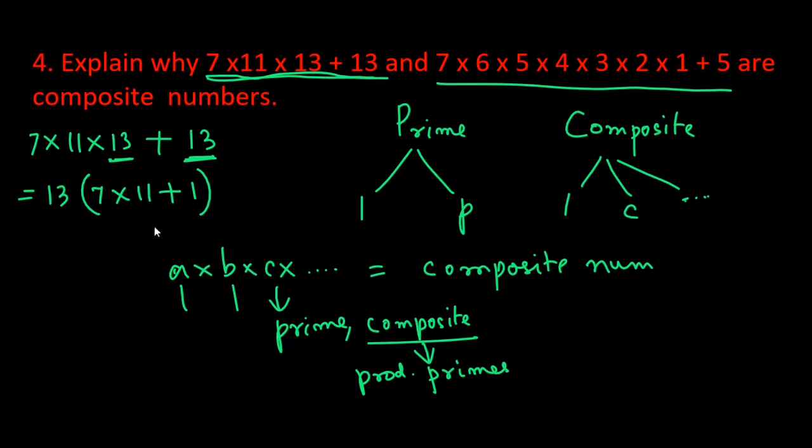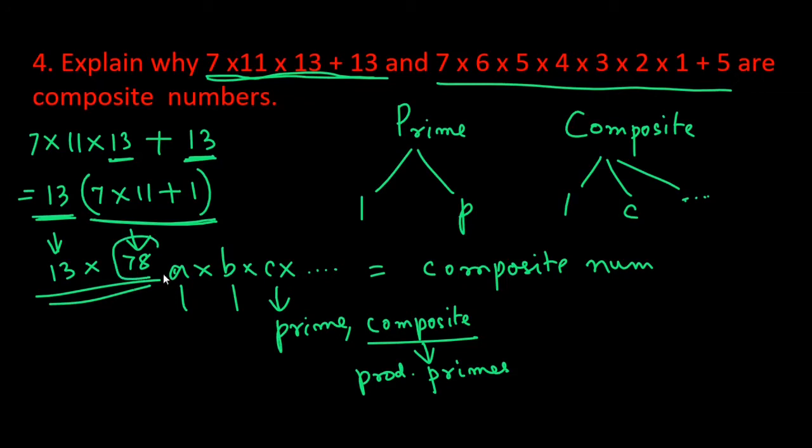So clearly it is seen here that this is one number into another number. We are able to write this number as a product of two numbers. This is prime. This we can evaluate. It is 78 actually. So 13 into 78.